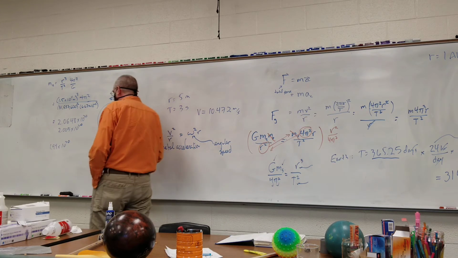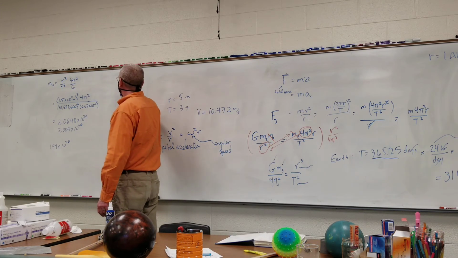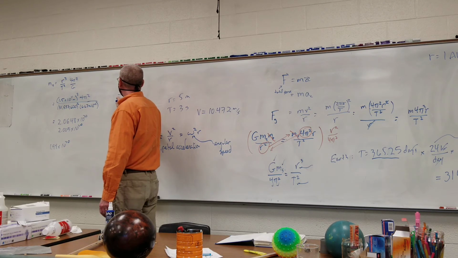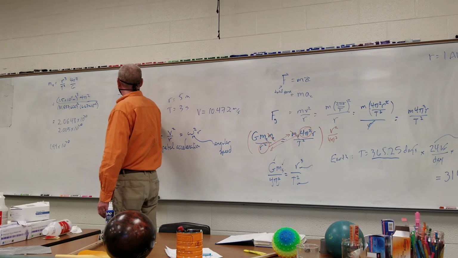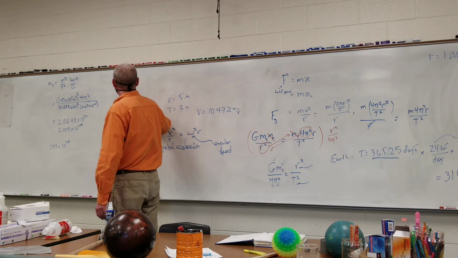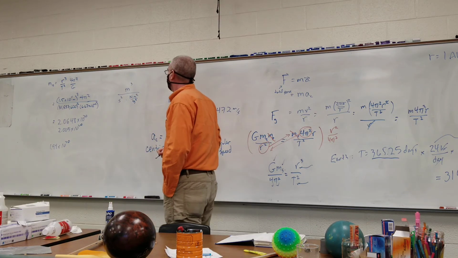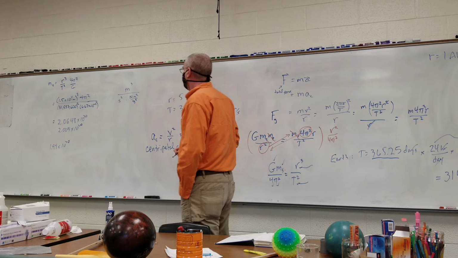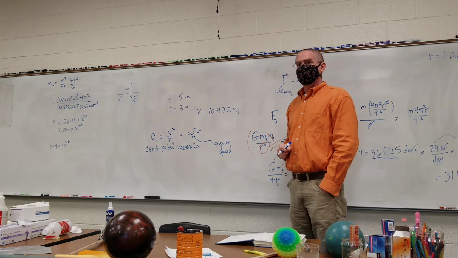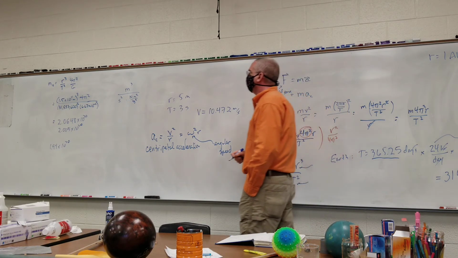You could stick the units into the stuff that you just calculated and do it that way. So that was meters cubed on top, and on the bottom, seconds squared, and this is a Newton meter squared per kilogram squared. I don't know if that helps you or not. Could you cancel out the meter squared?